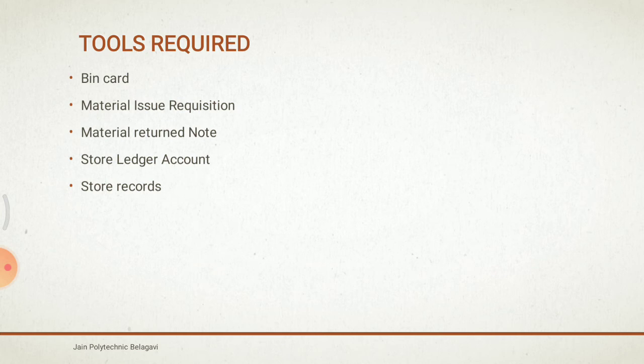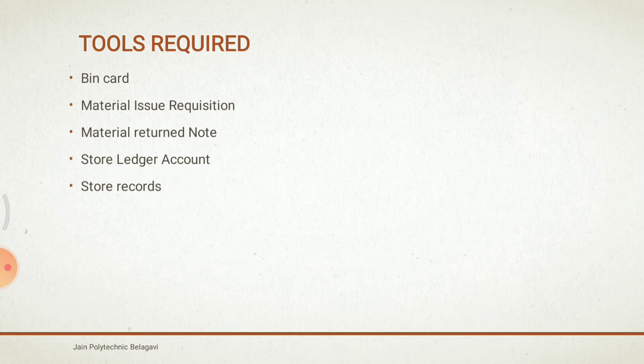The next one is the material return note. Sometimes the material issued to a department is not required, or may be required some other time, and has to be returned to the store. In such cases it must be properly recorded and its value duly entered in the stores.